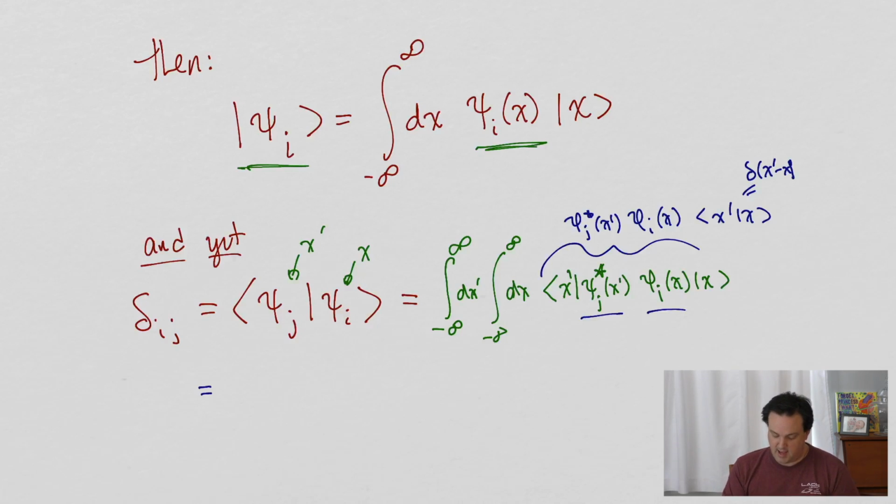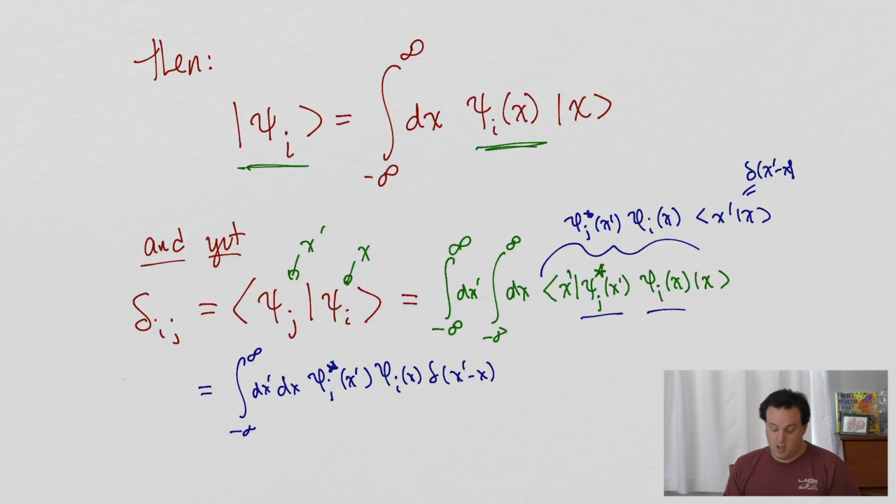Which means that I have my two integrals, dx prime dx of psi j star of x prime, psi i of x, delta of x prime minus x. A delta function allows me to do one of the integrals, right? And when I do one of the integrals, I end up changing either the x primes to the x's or the x's to the x primes.